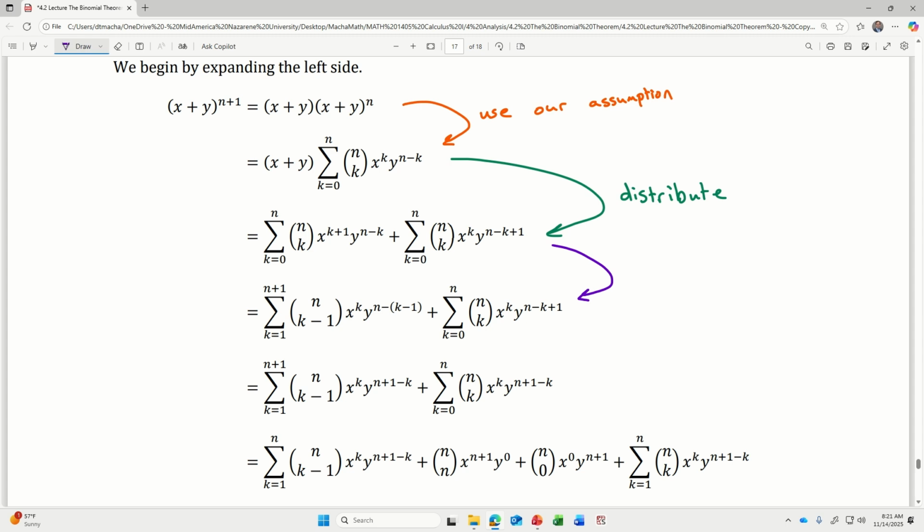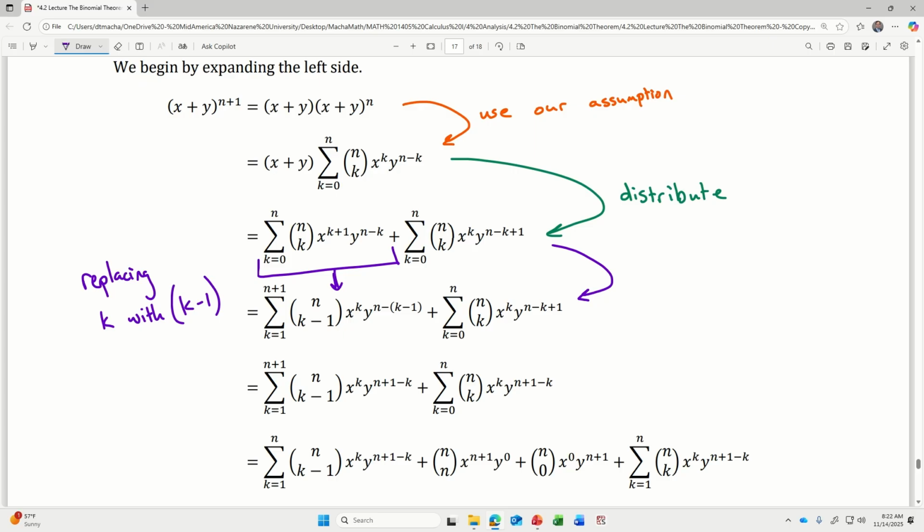What we're doing in this next step is I'm changing it so that for this sum in particular, this one only, we are replacing k with k minus 1 everywhere where that occurs.